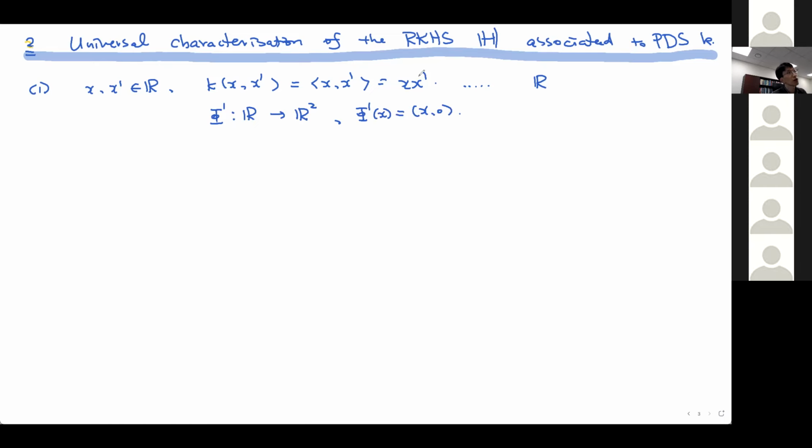Now you take an inner product. After the embedding, you have (x, 0) and (x prime, 0). Then that's going to be x times x prime plus 0, so it's the same as x times x prime. In other words, that's the same as k of x and x prime. So there is another description of this.